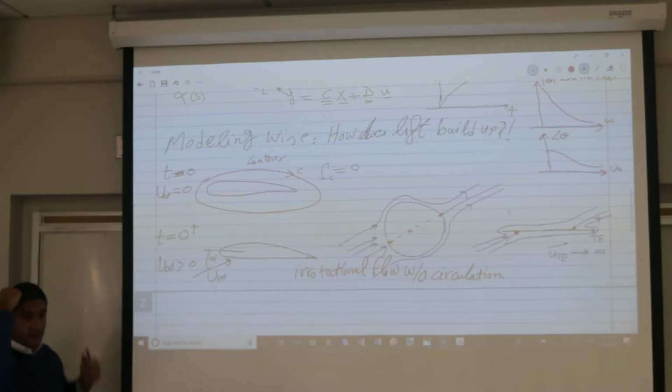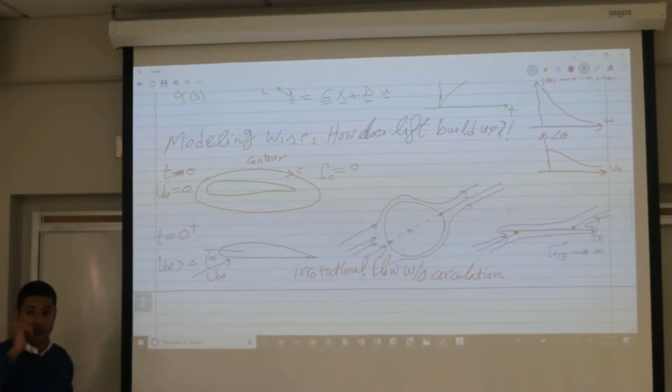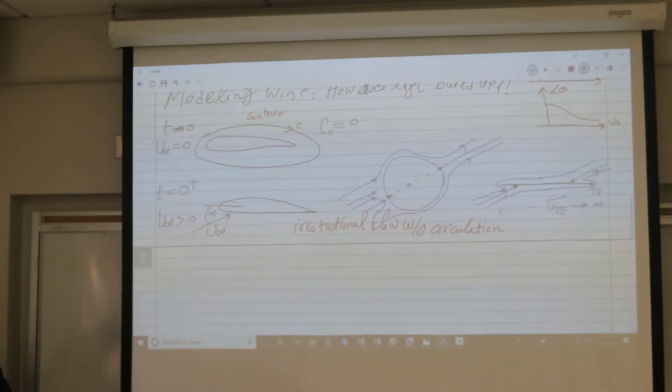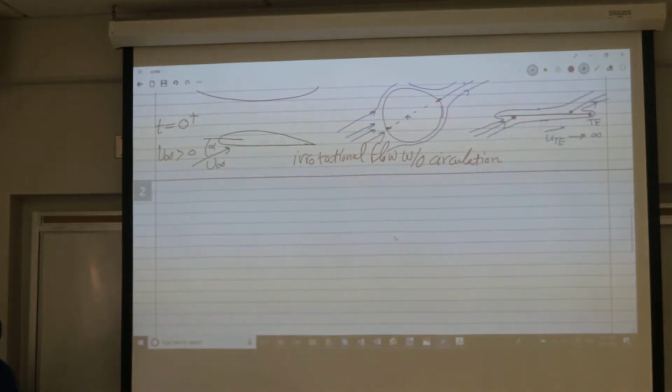The very first moment: irrotational flow without circulation, because the circulation is not developed yet. But then if you accept this and you solve your homework problem, maybe the only educational problem in homework 1, you know this.